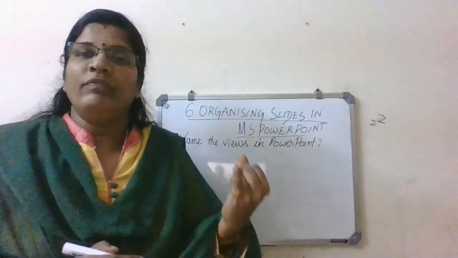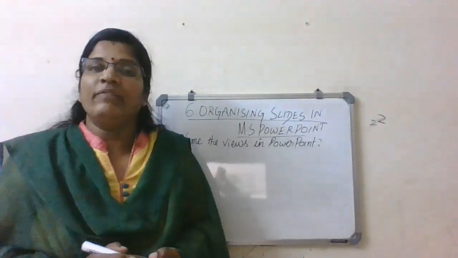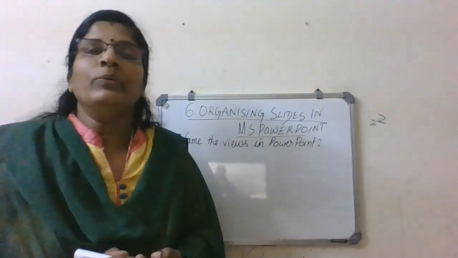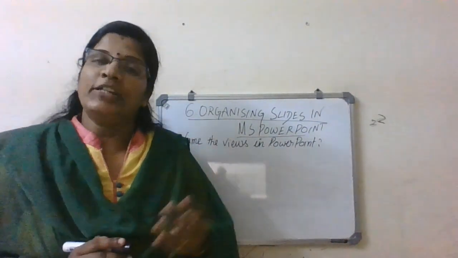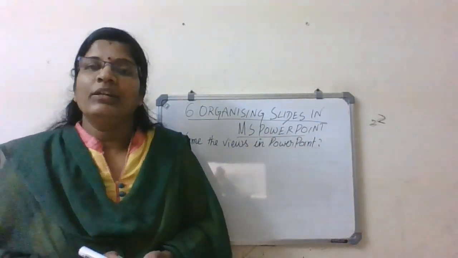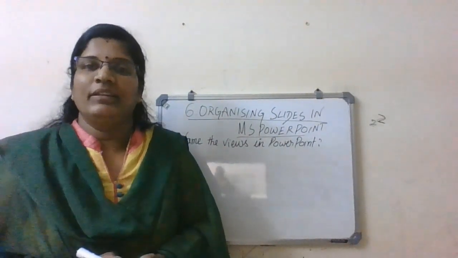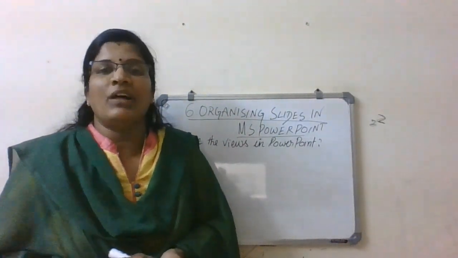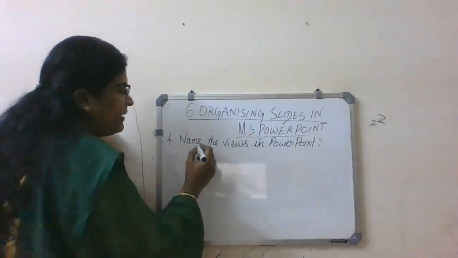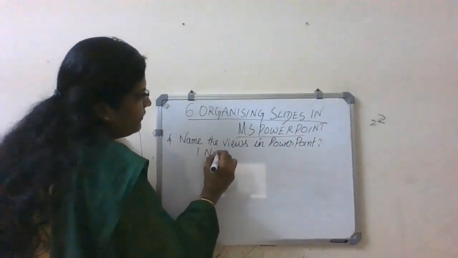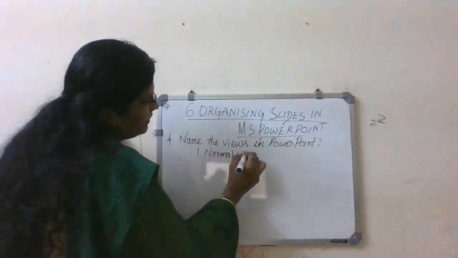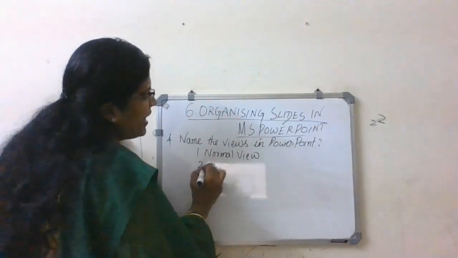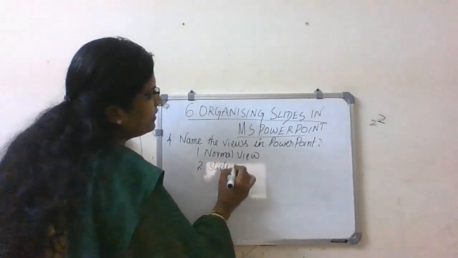That's good. Normal view, Slide Sorter view, Reading view, Slideshow view, Notes Page view. There are different types of views in PowerPoint. So let me write it here. Normal view. Second one, Slide Sorter.